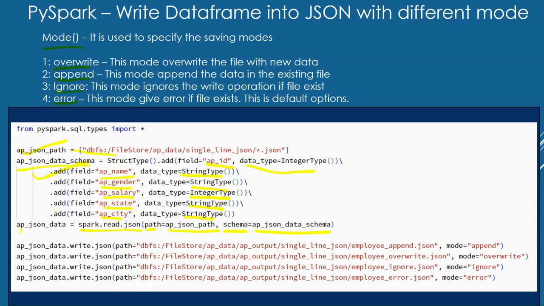Once the data frame gets created, with the help of the write method, we are creating different kinds of JSON documents by passing one parameter known as mode. Here the mode is append, here the mode is overwrite, here the mode is ignore, and here the mode is error. We are creating the JSON document based on the same data frame which we have created here.